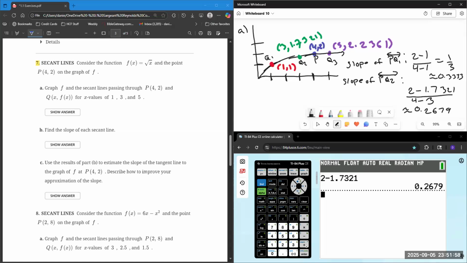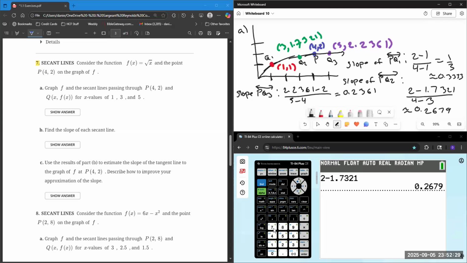And then for the slope of PQ3, we're going to have y2 minus y1 over x2 minus x1, which is 0.2361 over 1.